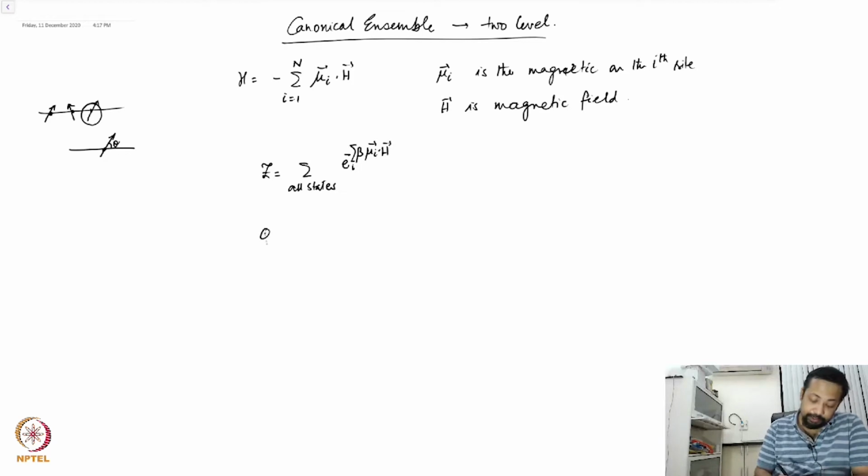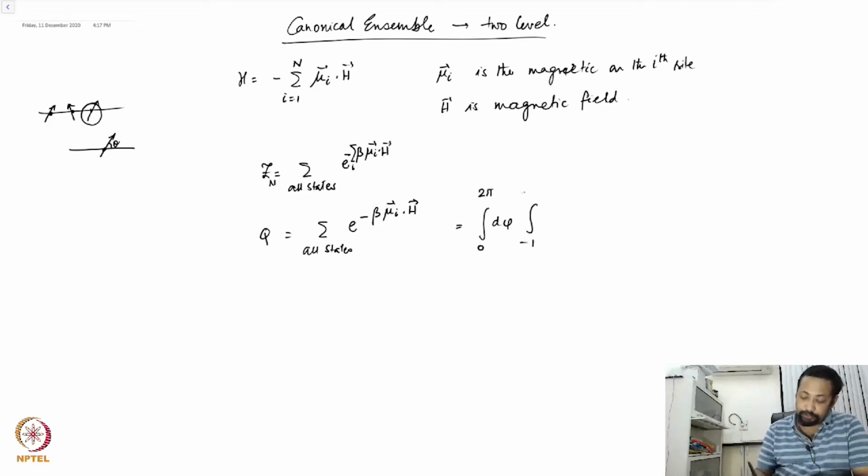The single particle partition function, as opposed to the N particle partition function, is the sum over all states of e to the power minus beta mu dot h, right? And since it can rotate in a circle, we can write this as the integral from 0 to 2 pi, and from minus 1 to plus 1 of d of cosine theta, e to the power minus beta mu h cos theta.